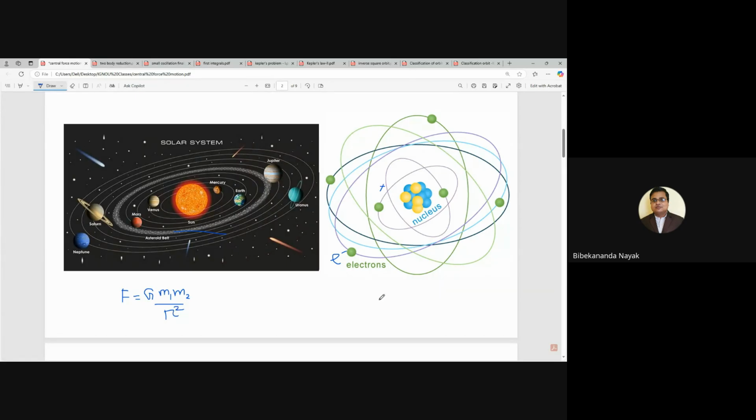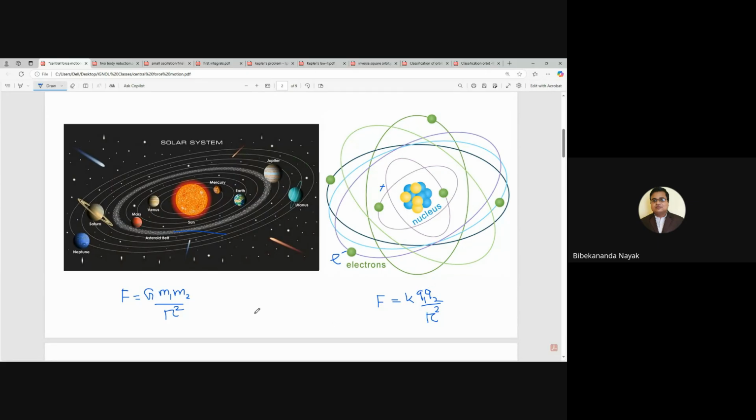And the electrostatic force is F equal to K q1 q2 by r square. If you look at these two expressions, they look similar, isn't it? They vary in charge, electrostatic force due to charge, gravitational force due to mass, and the other thing is 1 by r square.